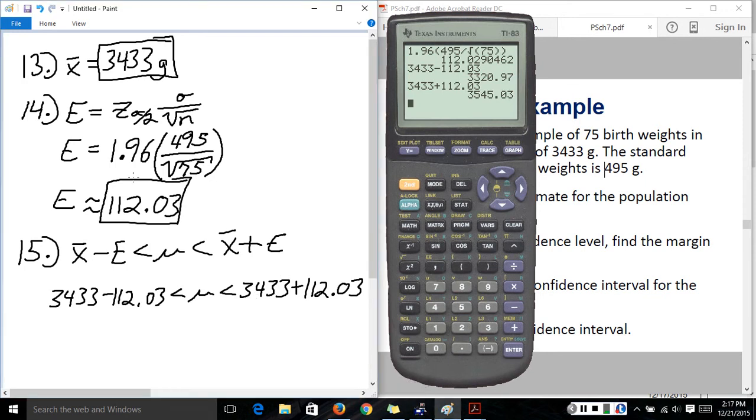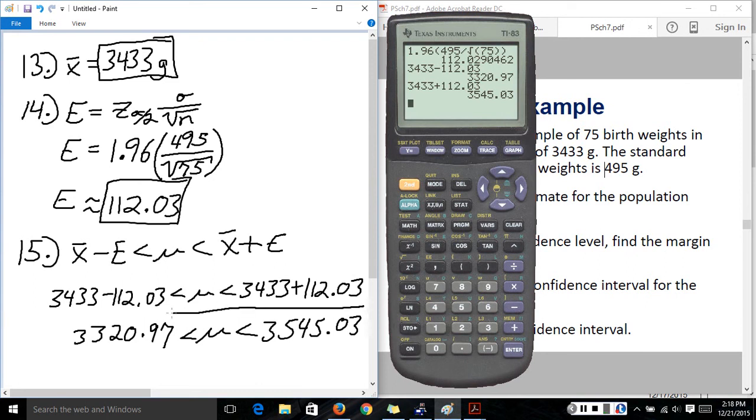And I get my bounds. I leave in the less thans and mu, and I have my confidence interval.